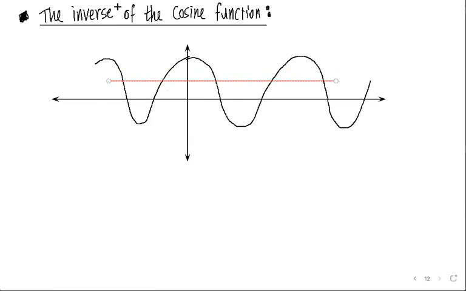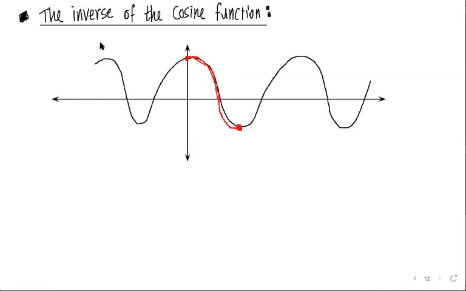The best thing to do here to restrict the domain is to take this period only. From here, it goes down to here. This is the only period I have to take to make the function one-to-one.